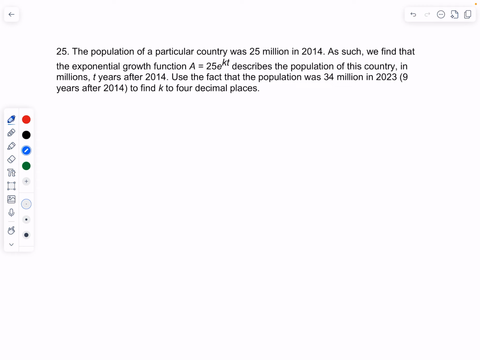Use the fact that the population was 34 million in 2023, which is 9 years later, to find k. So I'm going to use this formula. The amount in 2023 we know is 34 million, so 34 equals 25e. I don't know what k is, I'm looking for that, but I do know the time is 9 years.